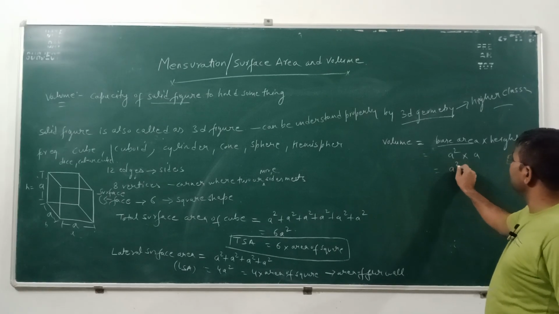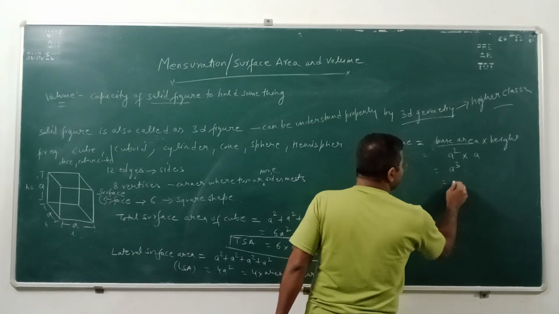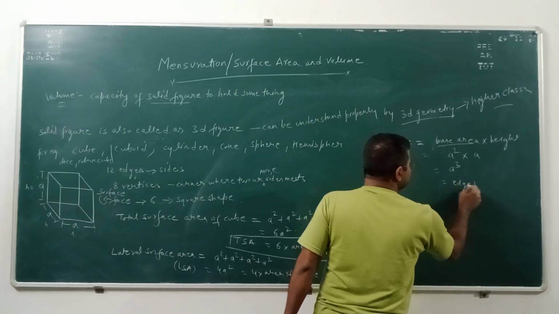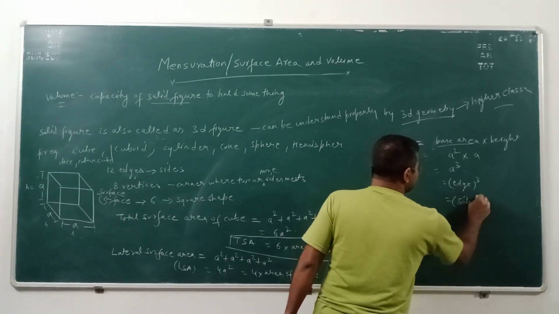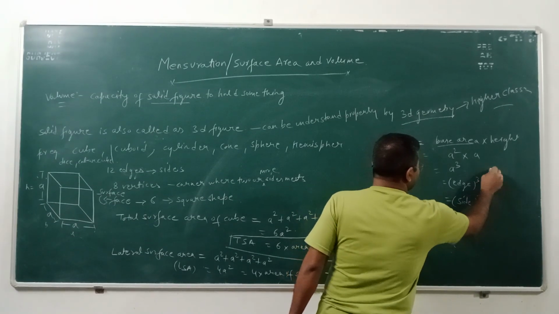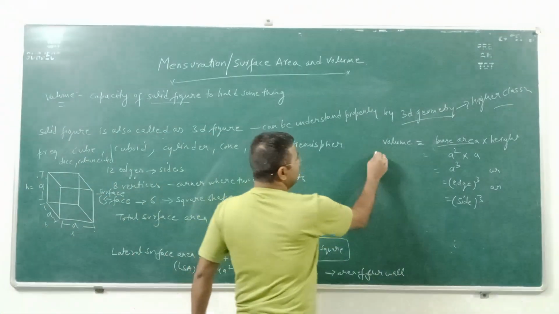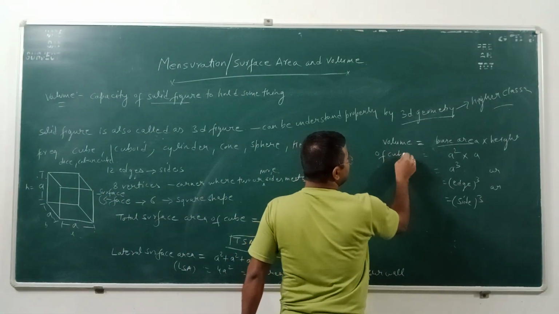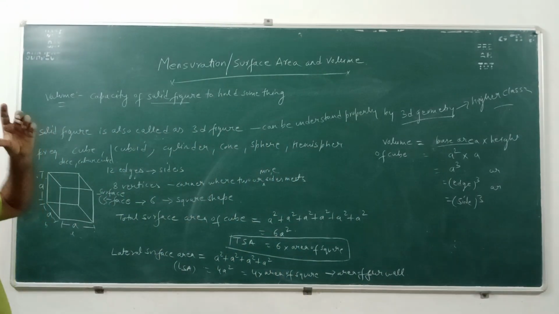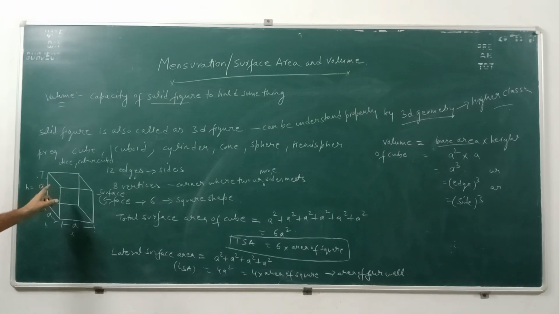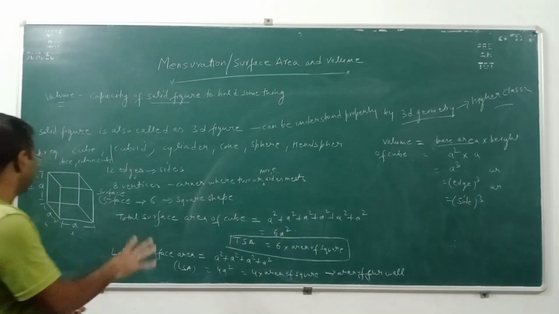Then a cube will be there, or this can be written as edge cube or side cube. So the volume of cube will be the cube of the side. In this way you will find the volume of cube. I hope you have understood the formulas related to the cube.